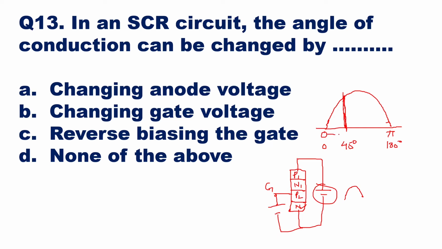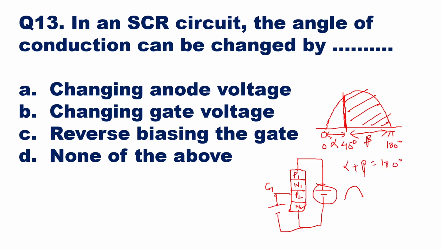Till you give the gate pulse, the SCR was off. So this becomes the firing angle alpha. After you give the gate pulse, the SCR becomes on, and this voltage will be used by the application. And this angle will be your conduction angle, beta. So alpha plus beta is equal to 180 degree.